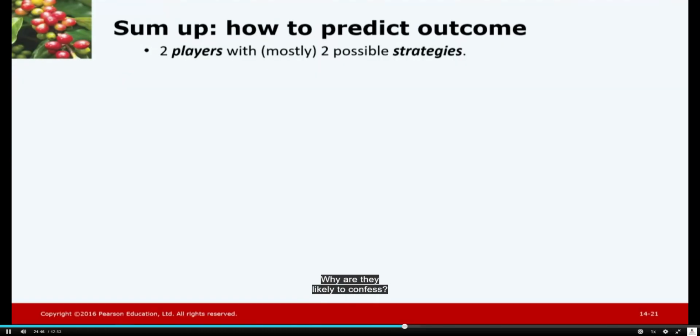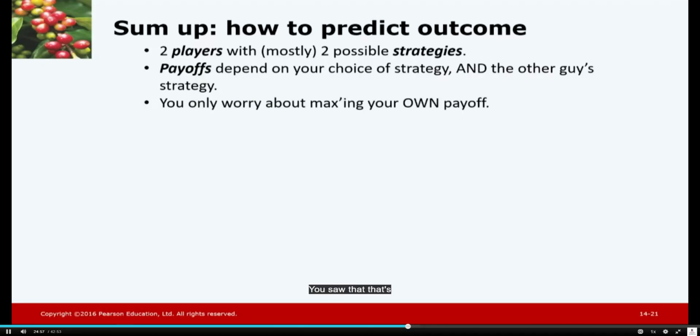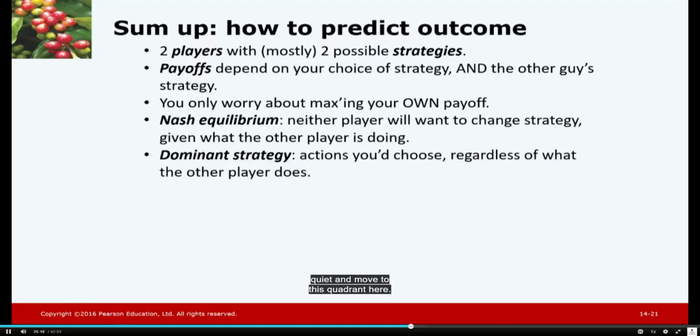Okay, so to sum up, how to predict an outcome. 2 players, with mostly here we're looking at 2 possible strategies to keep it simple. The payoff depends on your choice of strategy and the other guy's strategy. You only worry about maximizing your own payoff. A Nash equilibrium will occur where neither player will want to change their strategy given what the other player is doing.